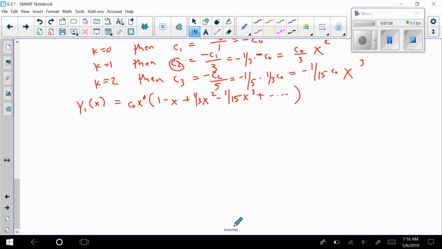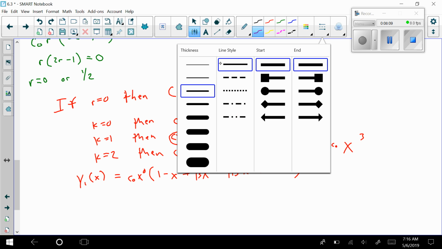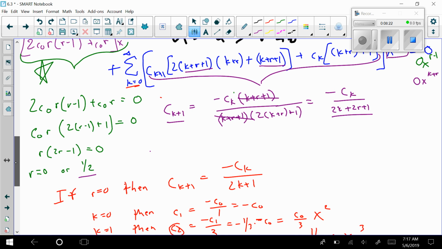Now, that was just for r equals 0, but we know, from above there, that we also have to do this thing for my other one. So if r equals 1/2, then now I need to create this one again, my c sub k.